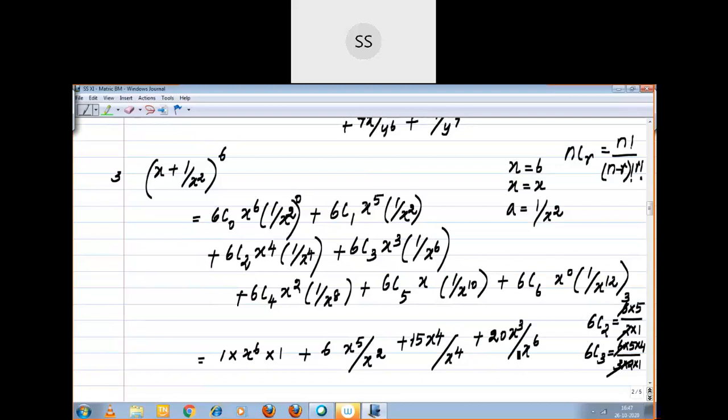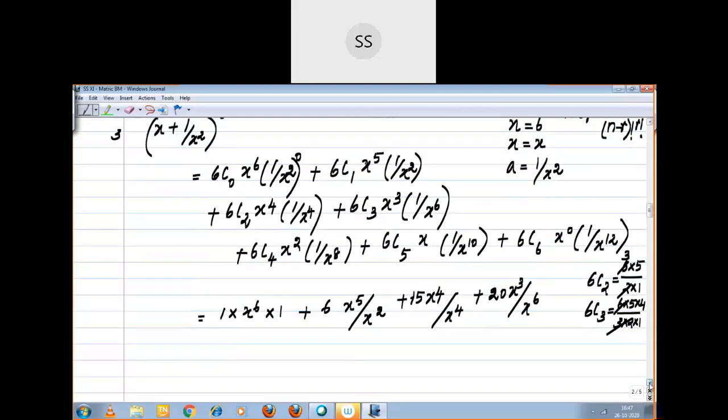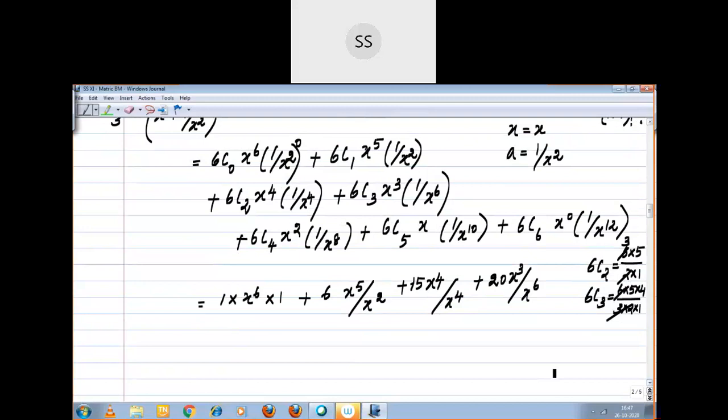20 into x power 3 divided by x power 6. Now, plus 6c4 is equal to 6c2. So, what is 6c2 value? 15.